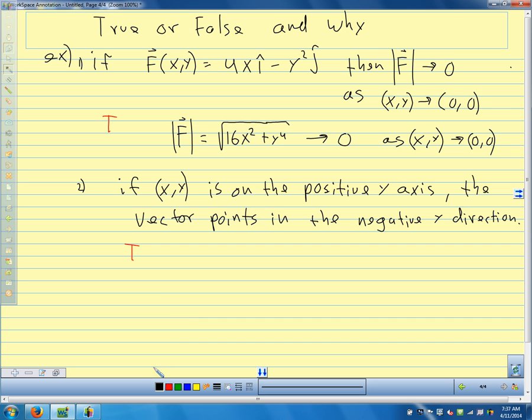Next one would get a little trickier. F is a scalar field.